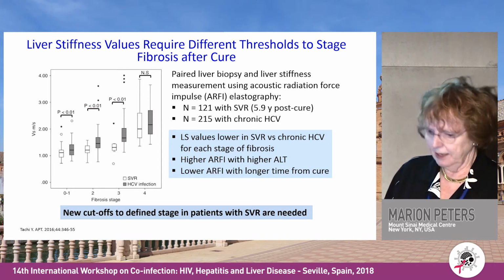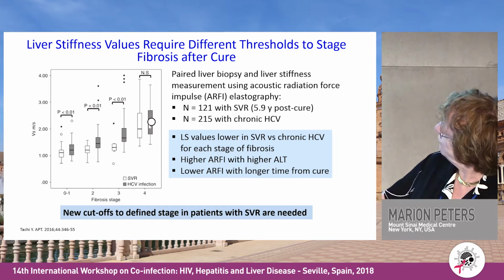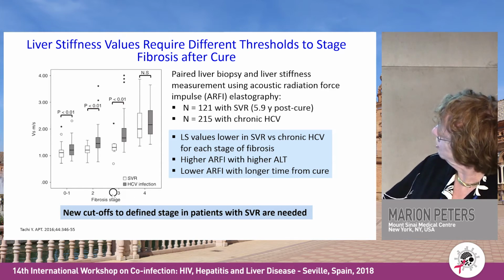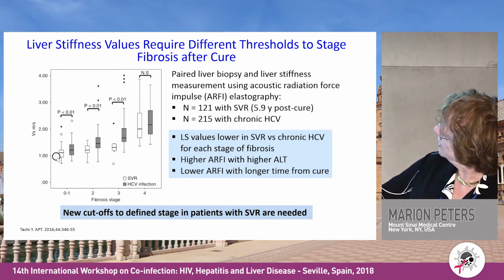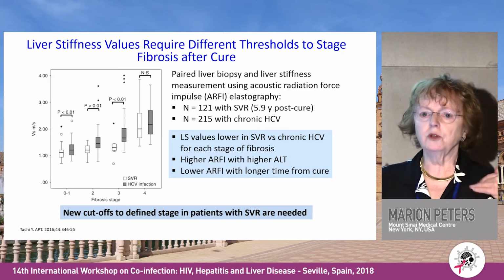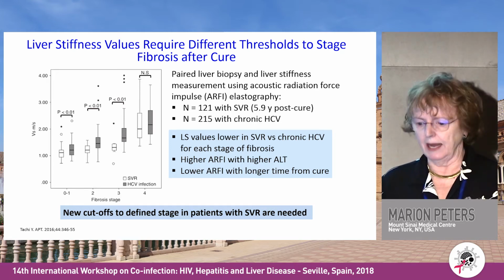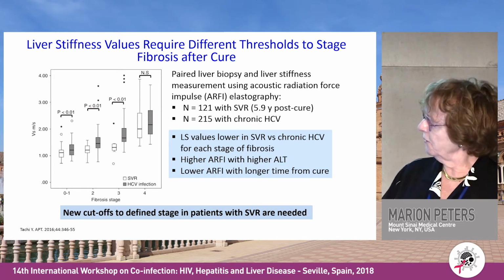And you can see that the chronic hepatitis C are in black, and for each stage of fibrosis, the Fibroscan is lower if you have a cure. In other words, the things that falsely increase the Fibroscan is having a higher ALT.